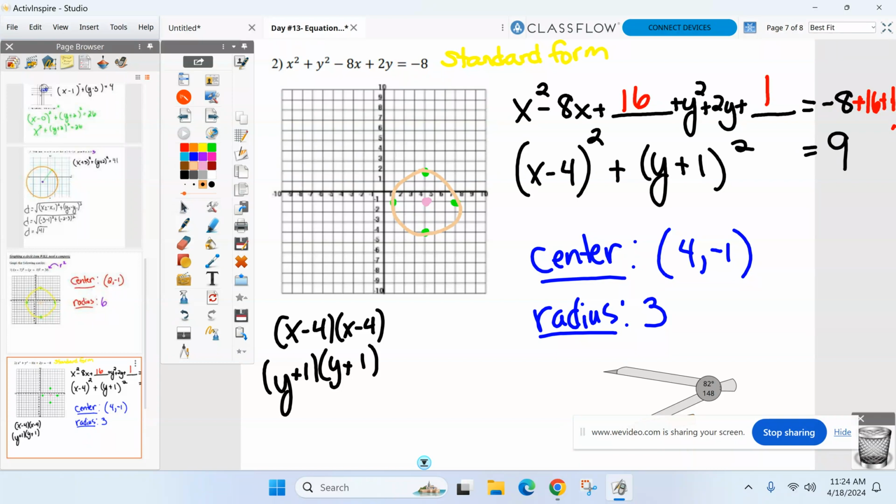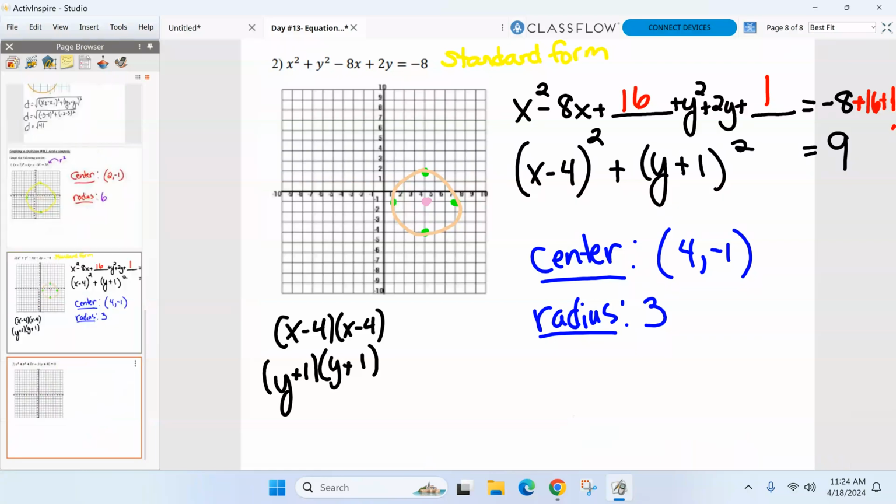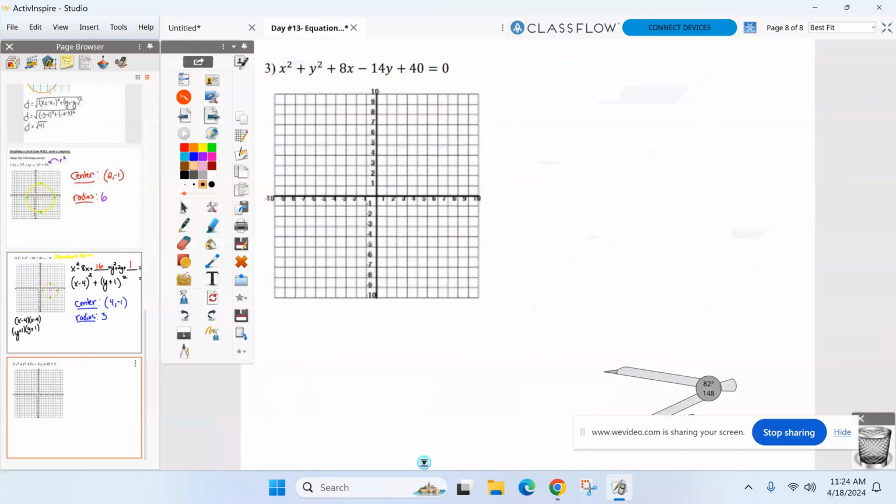Okay. Everyone all right? You know the deal in here. One doesn't make you great. Just because I give you one in standard form doesn't mean you know how to do all of them. So let's do this last one here together. Regroup them.